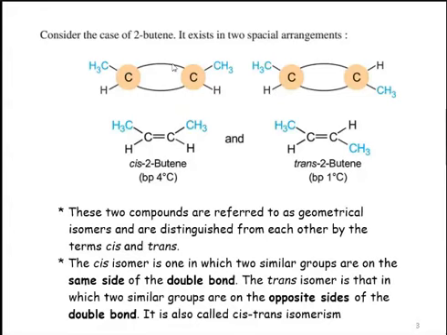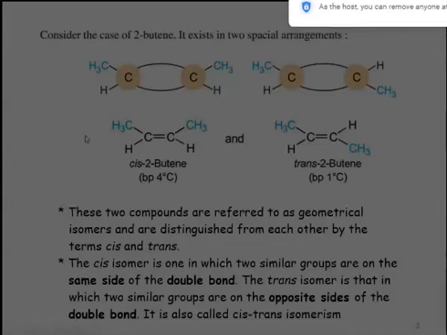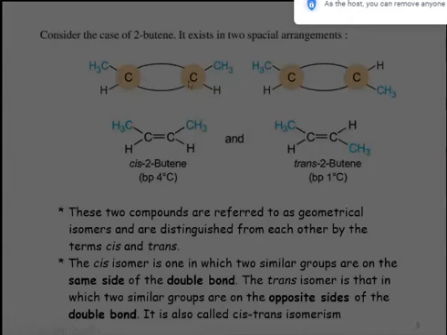Now let us consider the case of 2-butene. Here we can see it exists in two spatial arrangements. When we talk about 2-butene, what are the two spatial arrangements? Here we can see the carbon-carbon double bond, which is the basic feature of an alkene.